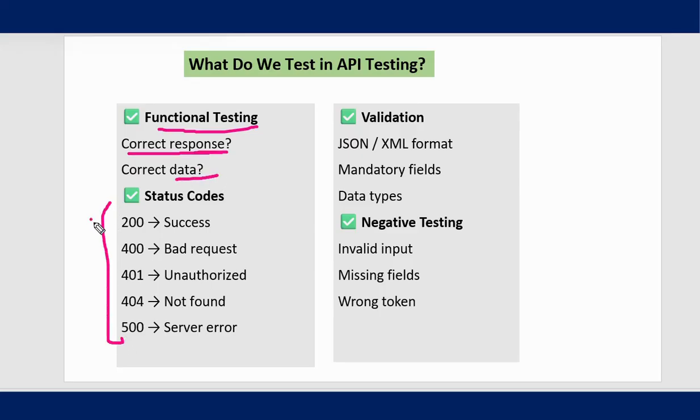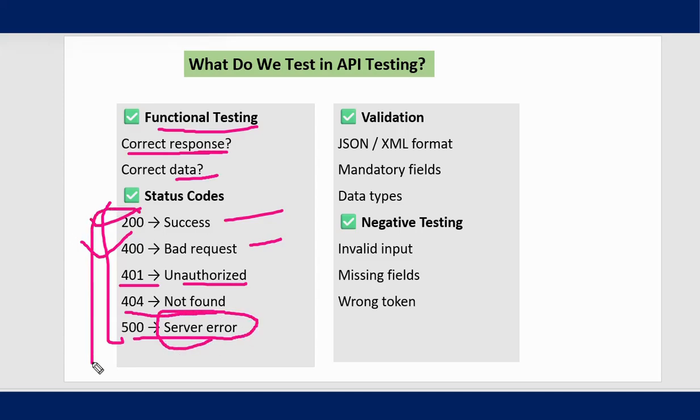If the status code is 200, it means it is successful. If the status code is 400, it means it's a bad request. 401 is unauthorized. 404 is not found, and 500 means that there is some server error. These are the meanings, the validations based on the status code.